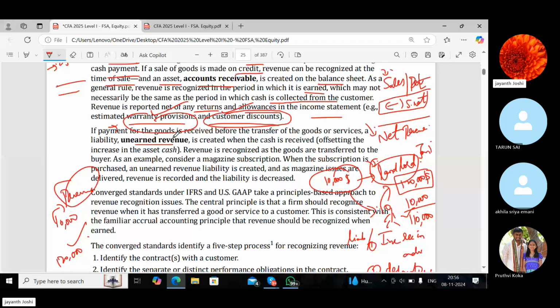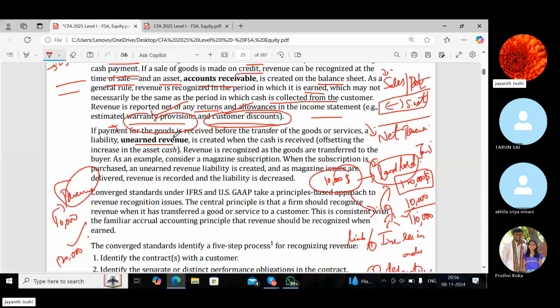It will only convert into revenue when your obligation has been satisfied. It is created when cash is received, offsetting the asset cash. You get the money immediately, and that increases your cash account.